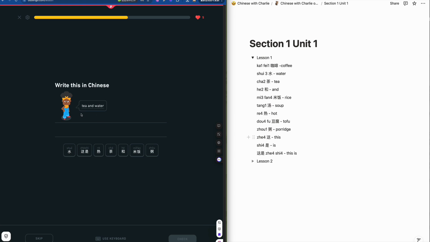Tea and water. Do you still remember how to say tea? 茶和水.